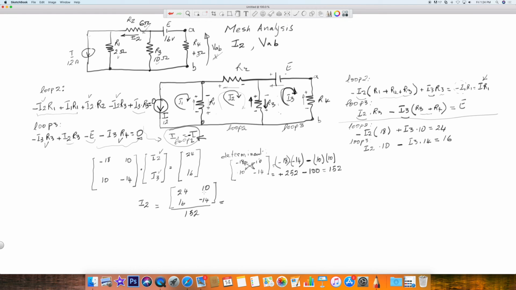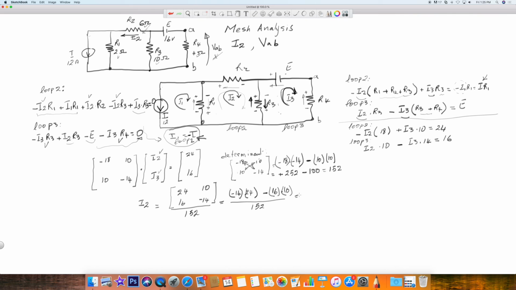So we have minus 14 times 24, right? Same technique, cross multiply, minus 16 times 10, so subtract 160 over there.